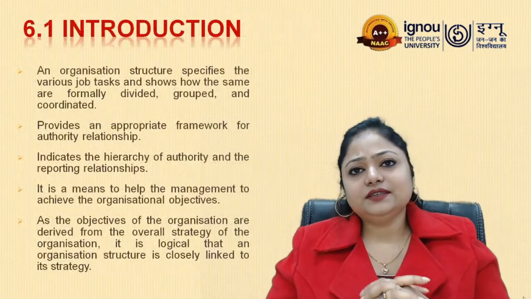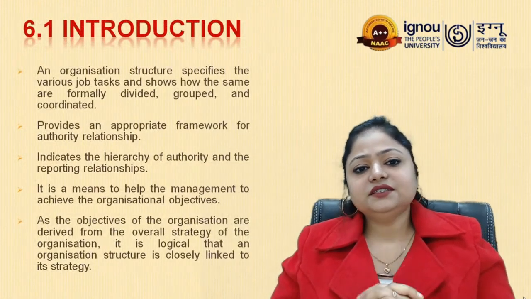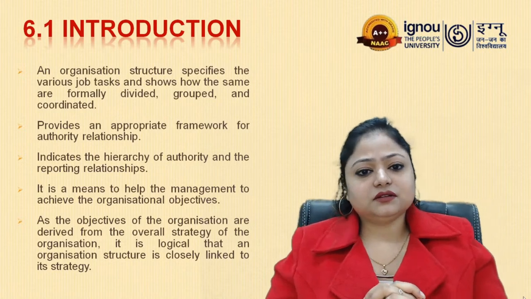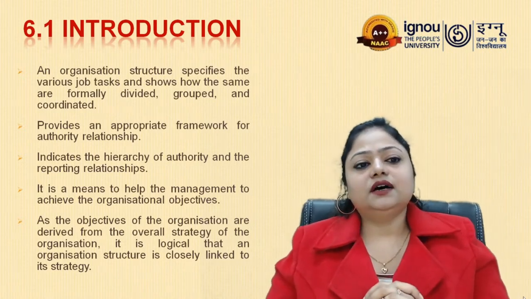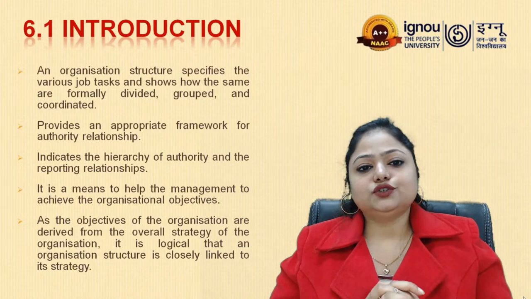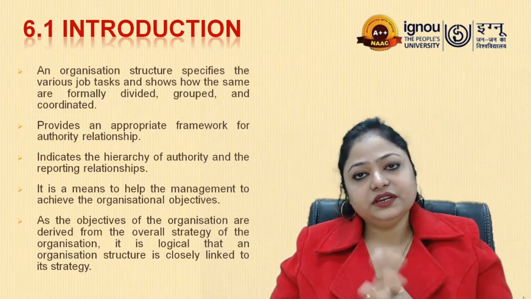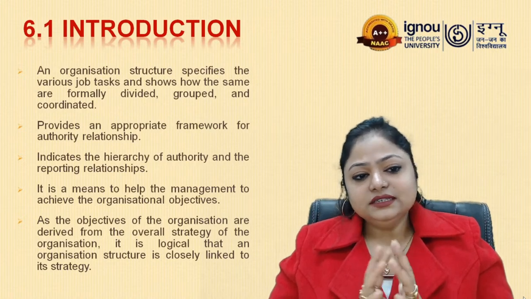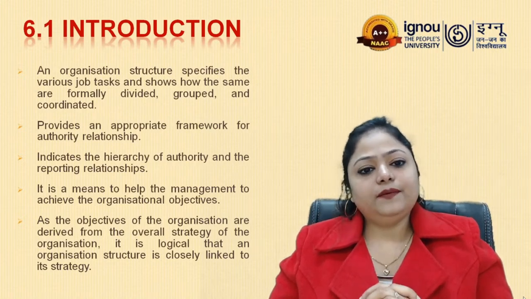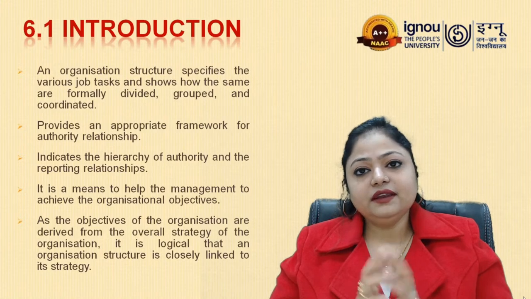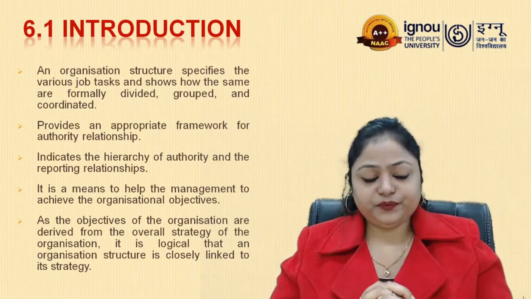So, looking at the background, the organizational structure specifies the various jobs and tasks and shows how the same are formally divided, grouped, and coordinated. This entire design provides an appropriate framework for authority and responsibility relationships.